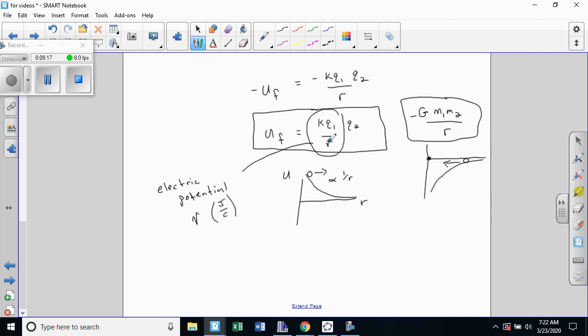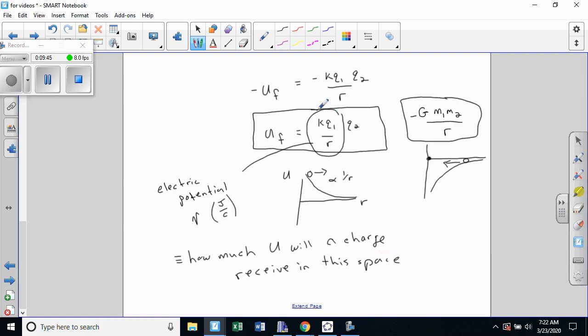Okay? The electric potential that existed in the space of the field created by charge Q1 is equivalent to how much energy, or potential energy, will a charge receive in this space.